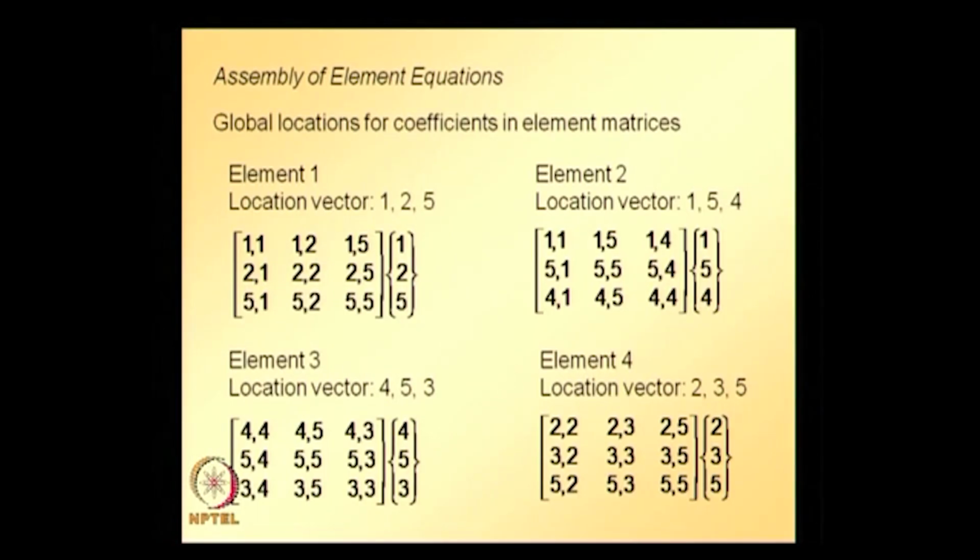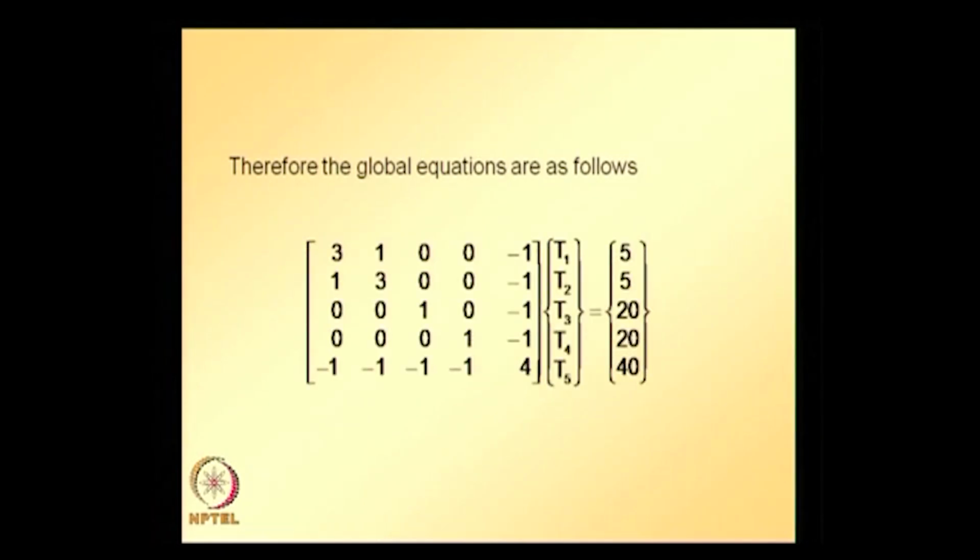So, using this information we can easily assemble the global equations by plugging in the local element equation contributions into the corresponding global locations, and based on the information that we just have, we get these global equations.